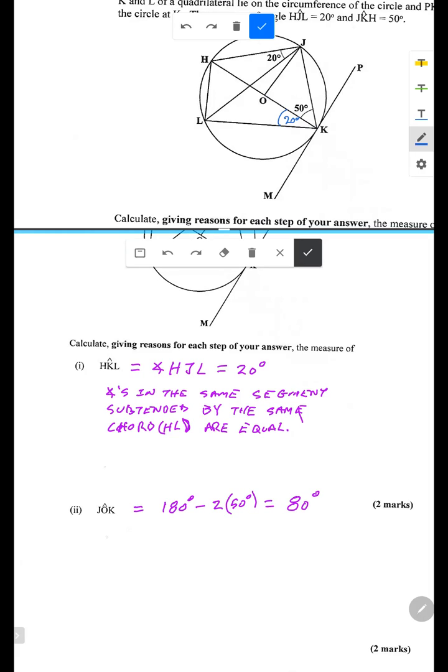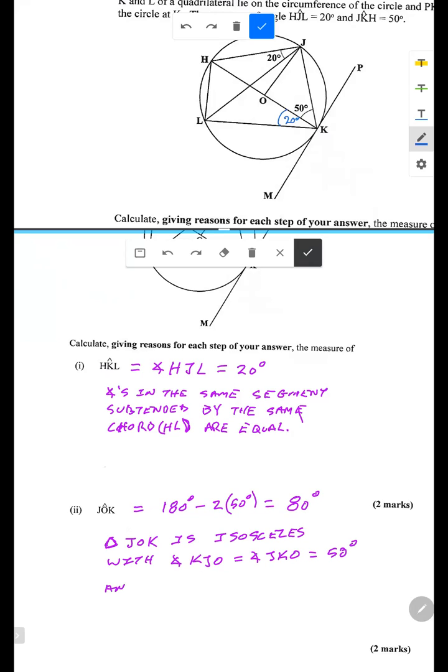The reason is that triangle JOK is isosceles, with angle KJO equals angle JKO, which is 50 degrees.